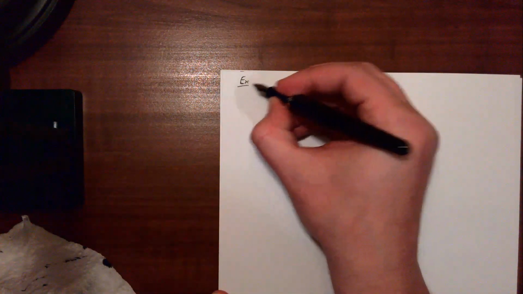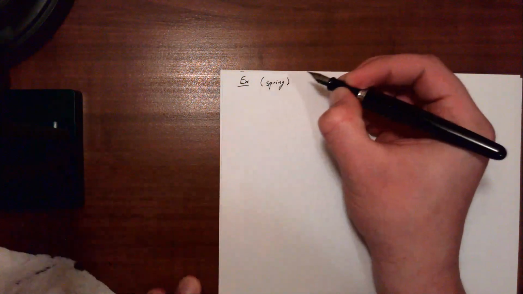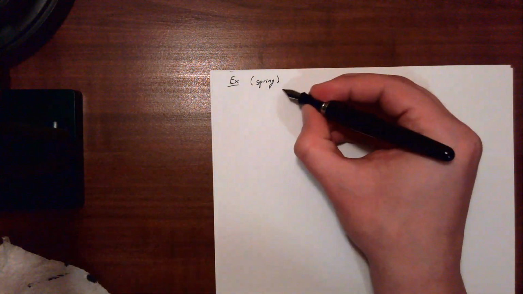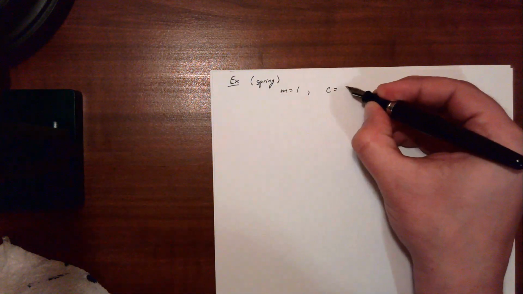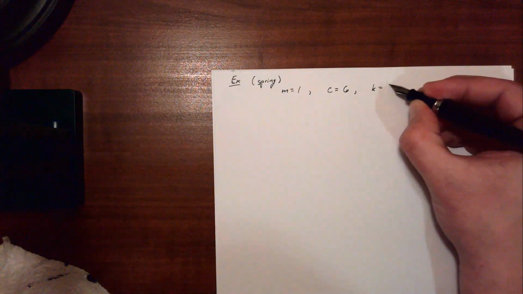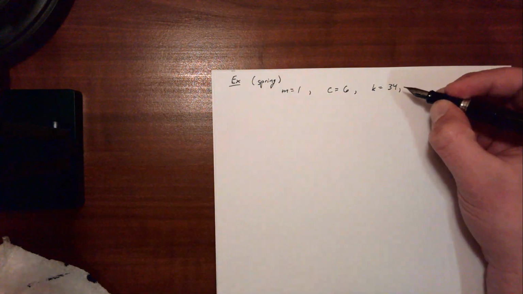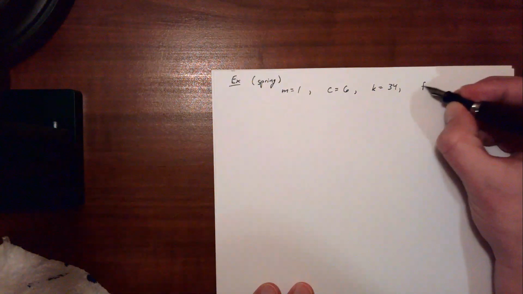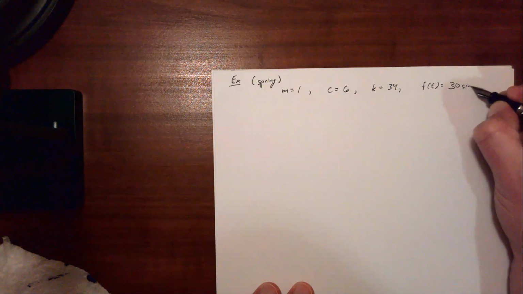This is going to be another spring. This time m equals 1, c equals 6, k equals 34, f of t equals 30 sine 2t.